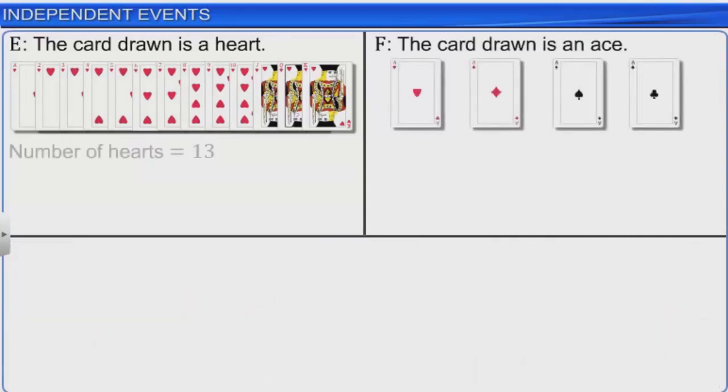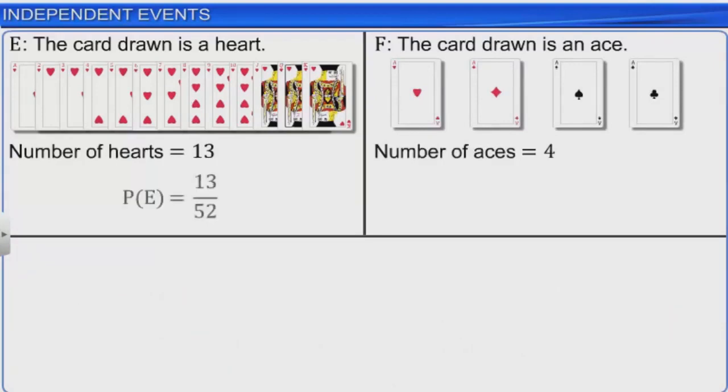You know there are 13 hearts and 4 aces in a deck of cards. Therefore, the probability of event E is 13 divided by 52, or 1/4. Similarly, the probability of event F is 4 divided by 52, or 1 divided by 13.